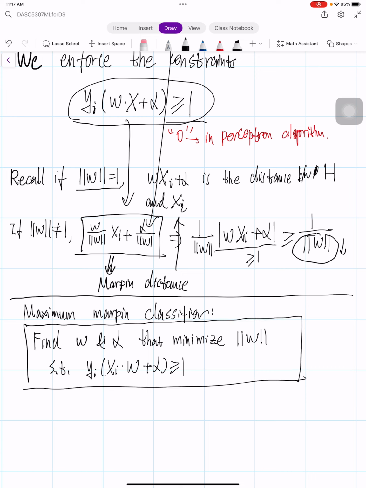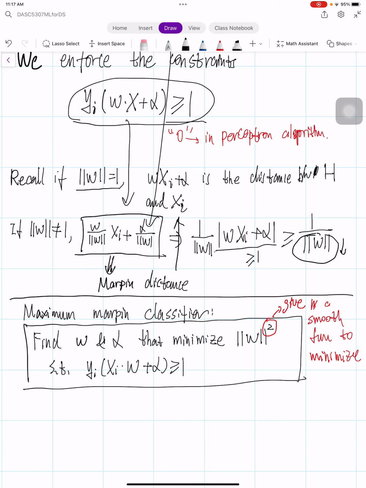But usually we put a square here because the square gives us a smooth function to minimize. Okay.